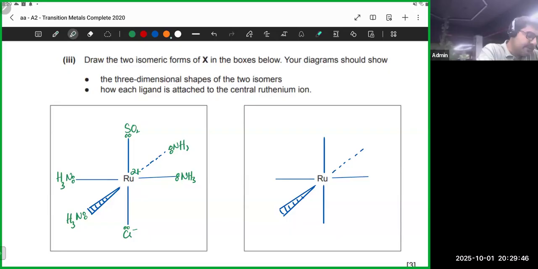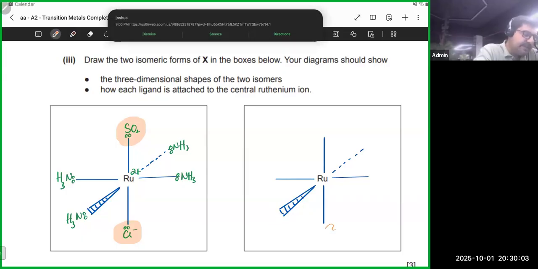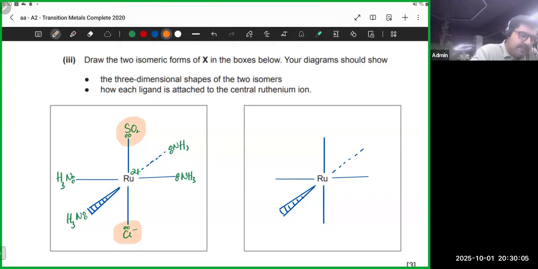The other isomeric form is going to be that in this molecule, the SO2 and Cl are on opposite sides. So the other one that you're going to draw, you can keep the Cl minus one where it was. The SO2, I can bring right next to it. Instead of being on opposite sides, they're 90 degrees apart.